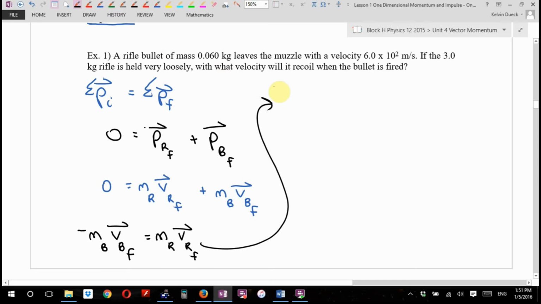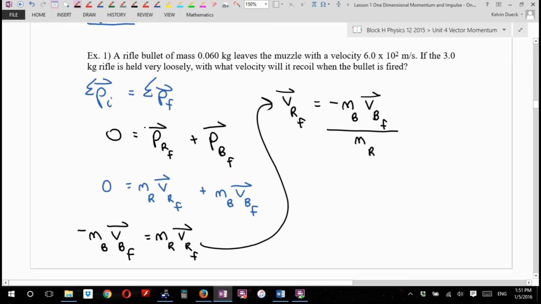So if I hear you correctly, you're telling me the recoil velocity of the rifle is going to be a negative. What's the negative telling me? The rifle goes in the opposite direction of the bullet. Yes? Mass of the bullet, velocity of the bullet after the explosion, divided by the mass of the rifle.